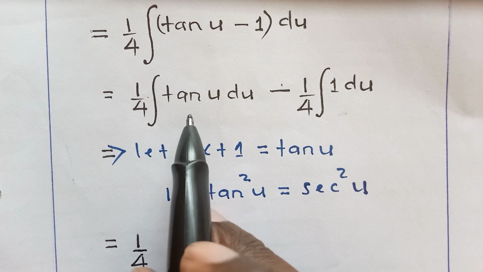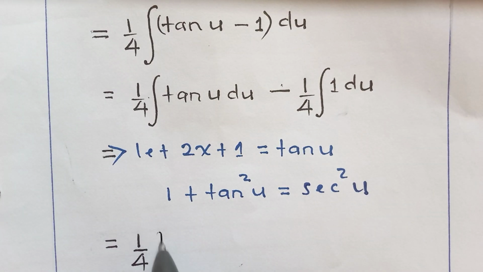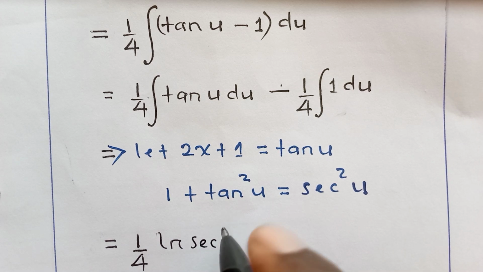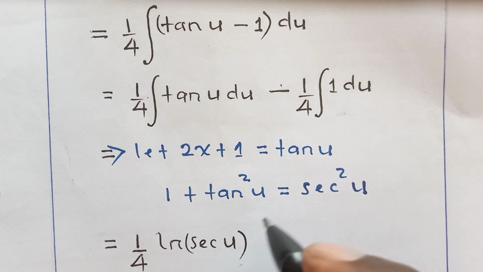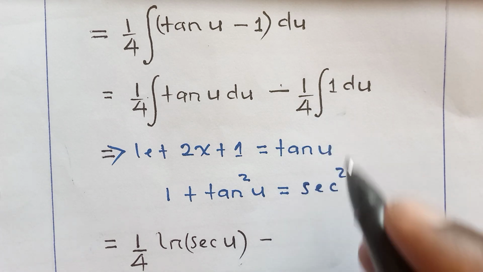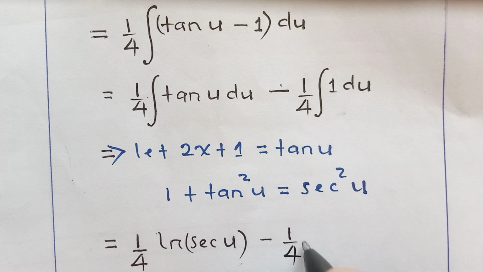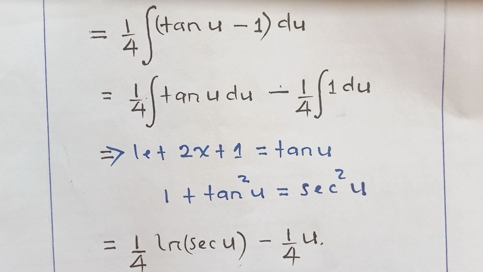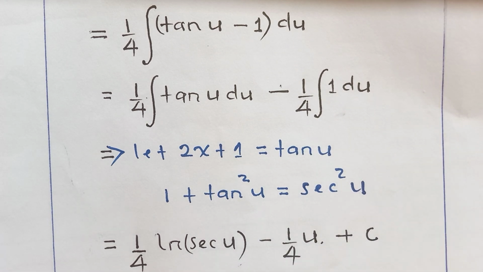The integration of tan u is usually supposed to be, according to the mathematical tables, ln sec u, like that, minus the integration of 1, you get 1 all over 4 u, like that guys. Then plus, we don't forget the constant.